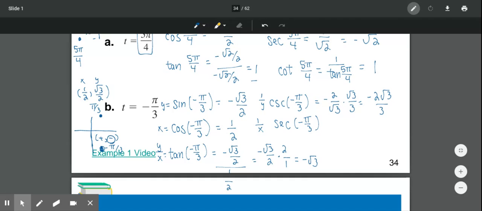So if cosine is 1/2, the reciprocal of 1/2 is just 2. And then the cotangent of negative pi over 3 is the reciprocal of tangent. So it would be negative 1 over the square root of 3, which if we were to rationalize that, we would get negative root 3 over 3.